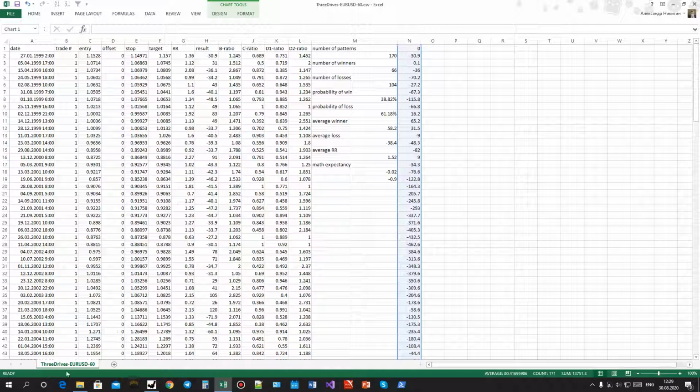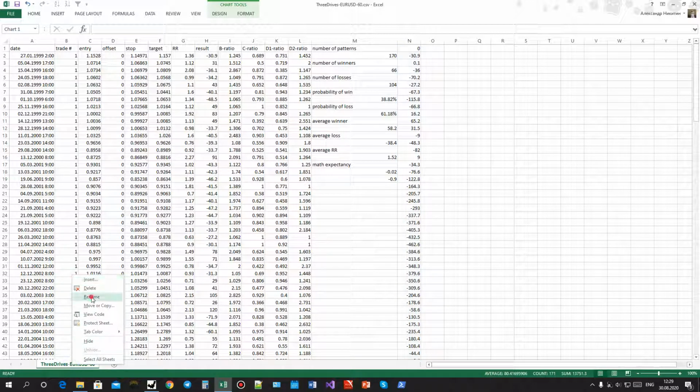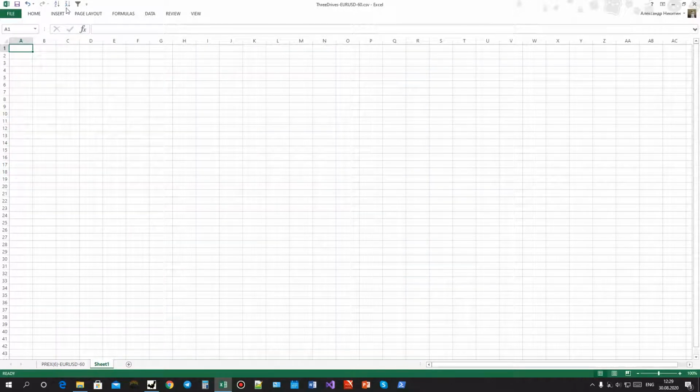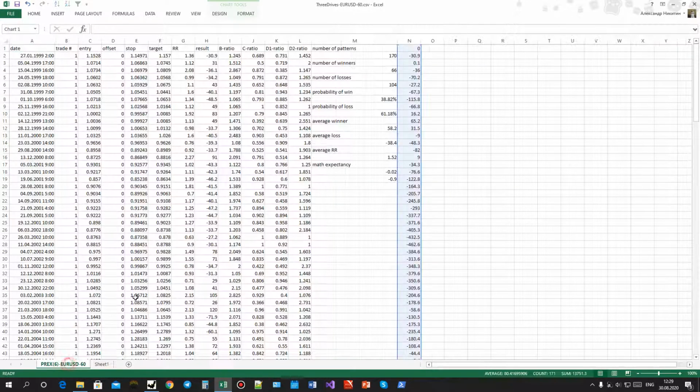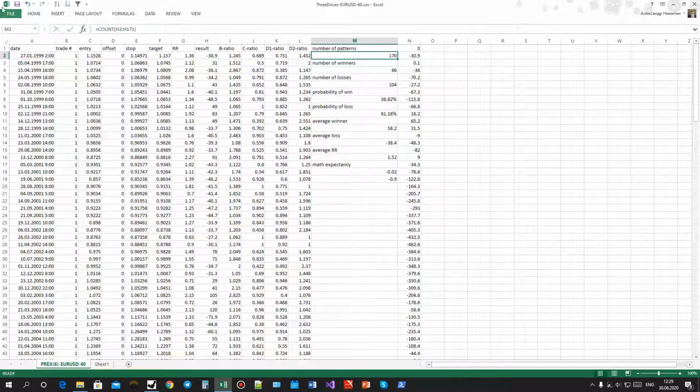Okay, let me also rename this 3 drive EURUSD. I will name it Prex 6 swing identification, so I know next time, on some other sheet, I will do more backtests with a different swing identification.